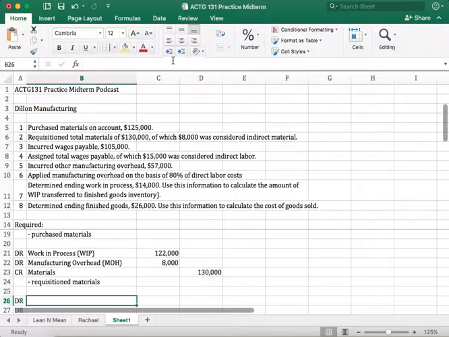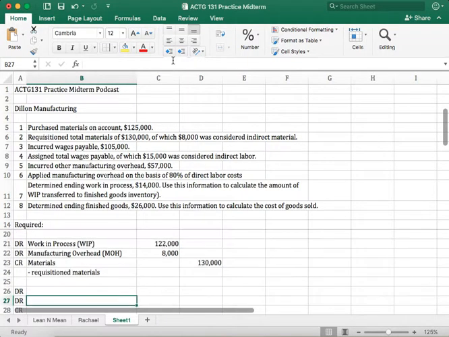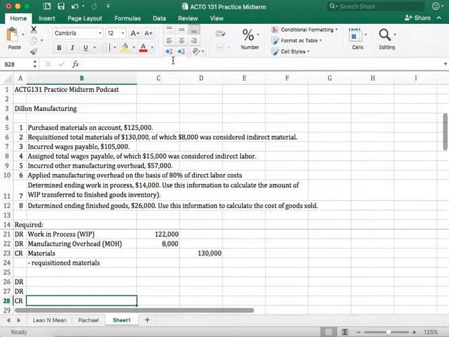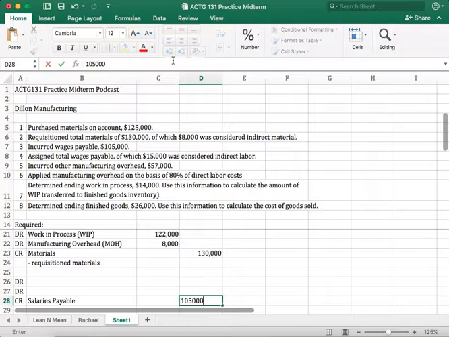All right, the third one. The third and fourth one, I don't know why your authors have decided to do this, but they really go together. Number 3 suggests that the wages payable or salaries payable is 105.